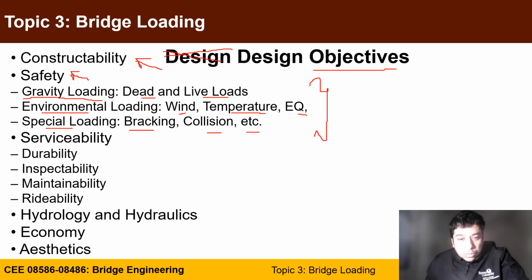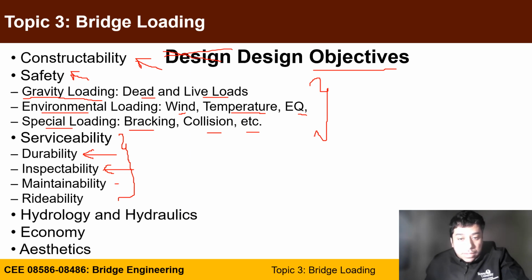After we ensure the loading and safety of the structure, we need to ensure serviceability, which means that the day-by-day service of a bridge is maintained. For example, durability should be maintained, so the structure is durable throughout the service life with acceptable performance related to interaction with the environment. It should also be inspectable, so it's easy to go and inspect.